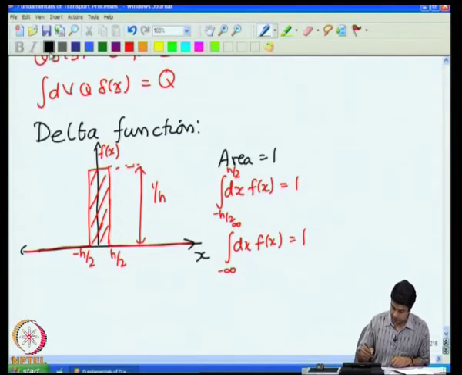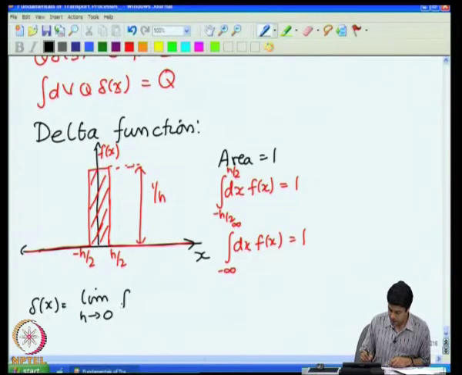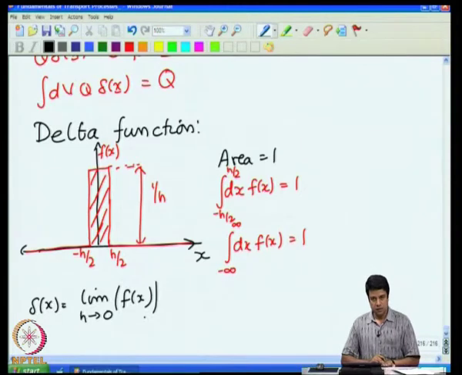What is the delta function? Delta of x is equal to the limit as h goes to 0 of f of x. That is, if I take the limit as h goes to 0, the two points minus h by 2 and plus h by 2 approach the origin.